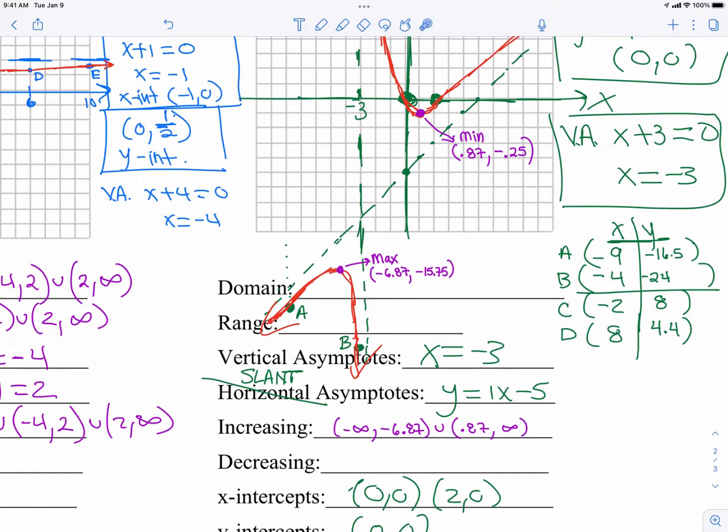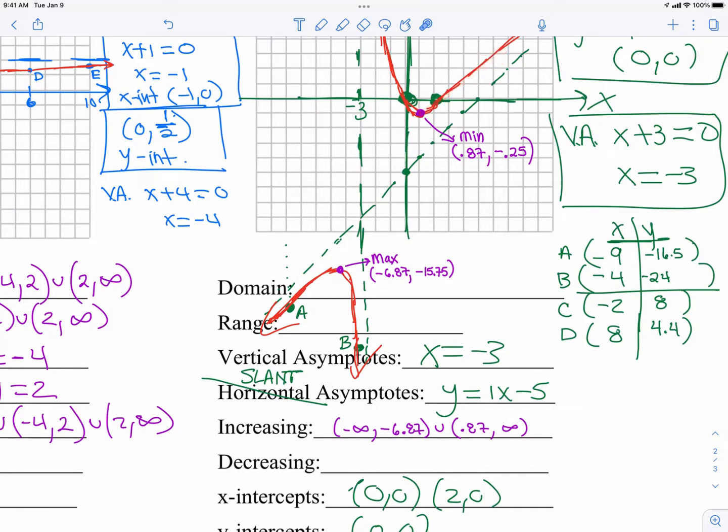So let's talk about the increasing and decreasing. If you are on this curve down here, then you're going up. You're increasing from negative infinity until you get to the maximum point at negative 6.87. Then when you jump up to the other curve at the top, it starts increasing again at this minimum value, which is 0.87, going towards the right to infinity.